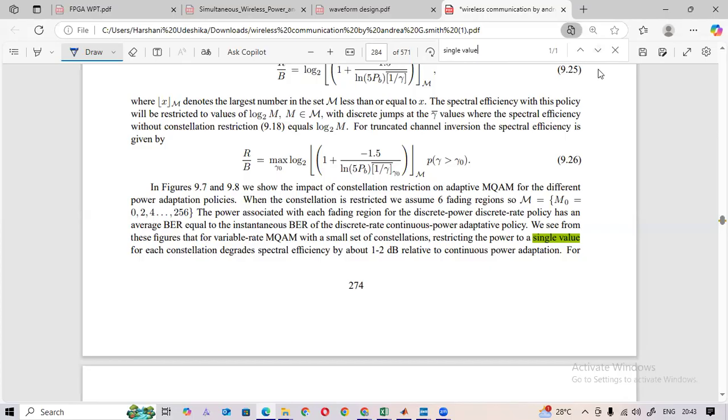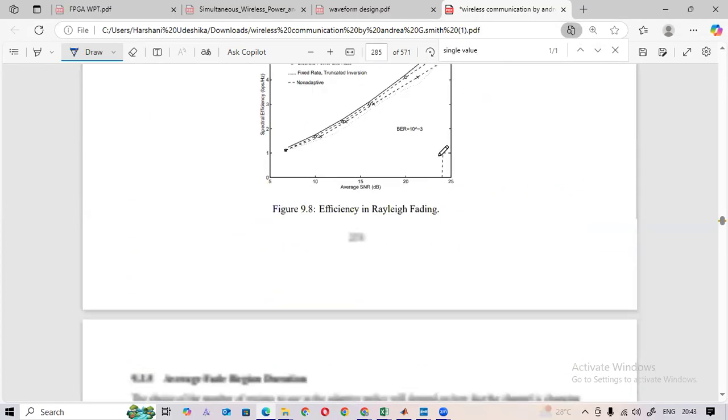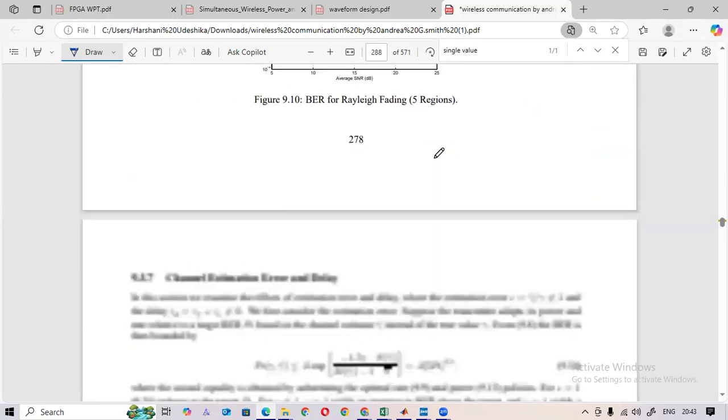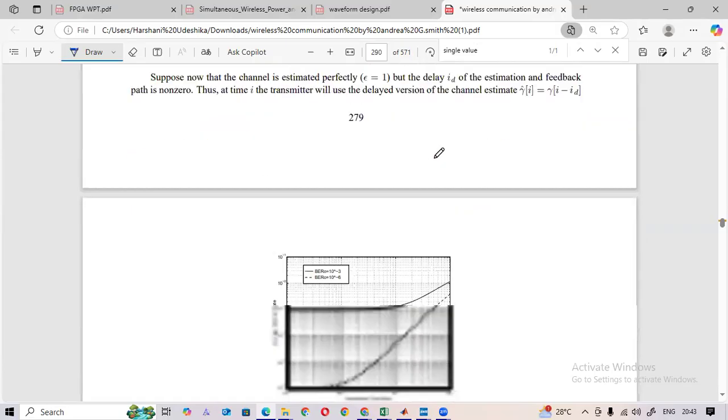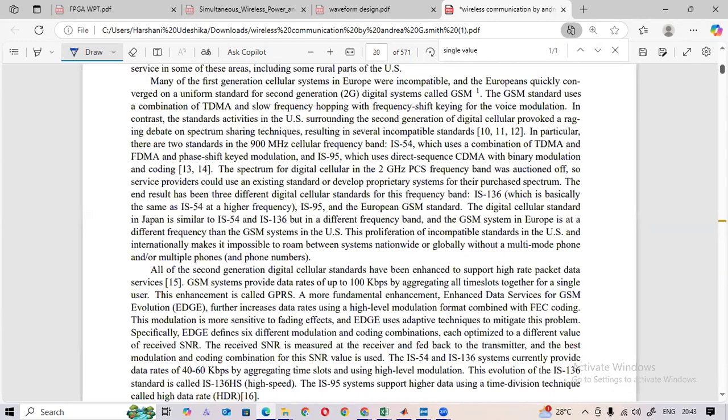We have done singular value decomposition.